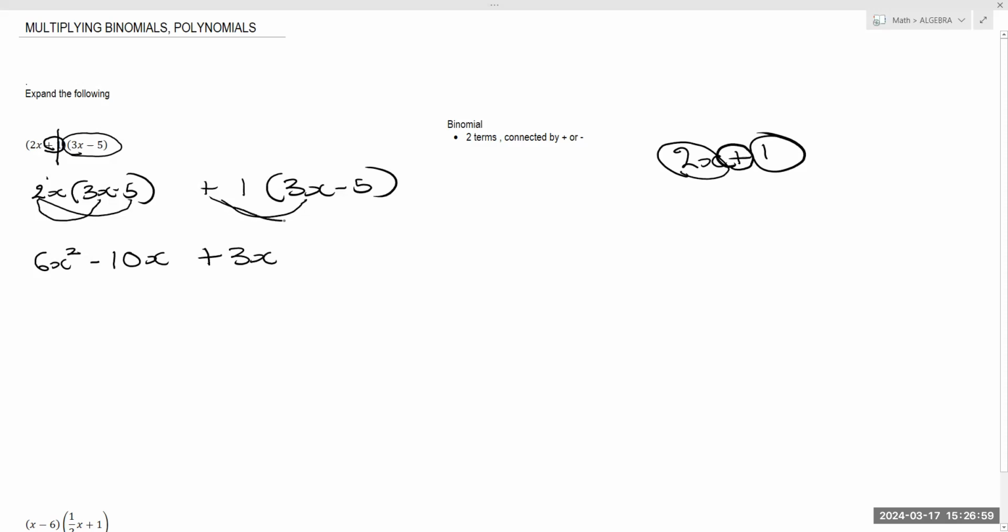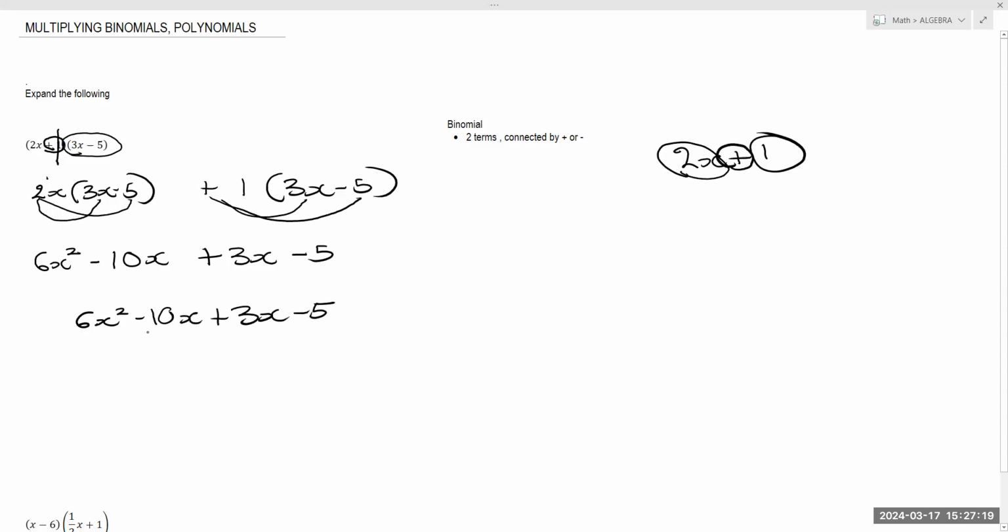Now we also have plus 1 times -5. A positive number times a negative number will give you a negative number, which is -5. So we can combine everything together: 6x squared minus 10x plus 3x minus 5.